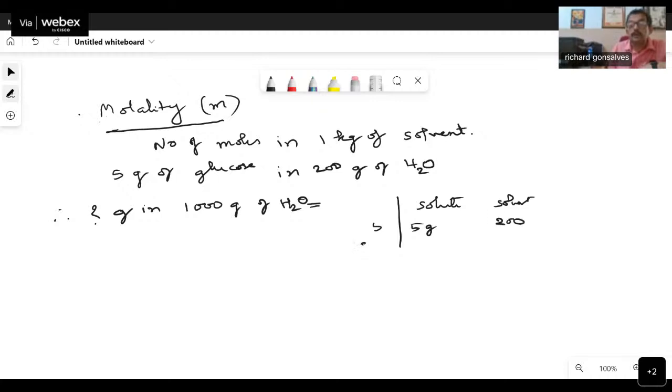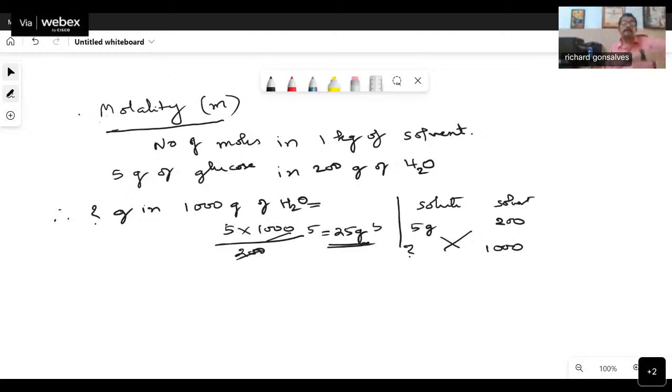How much is the solute for 1000 grams of solvent? You can cross multiply and you would get 5 into 1000 divided by 200. This will come to 25 grams. Therefore, you can say 25 grams of glucose in 1000 grams of water.